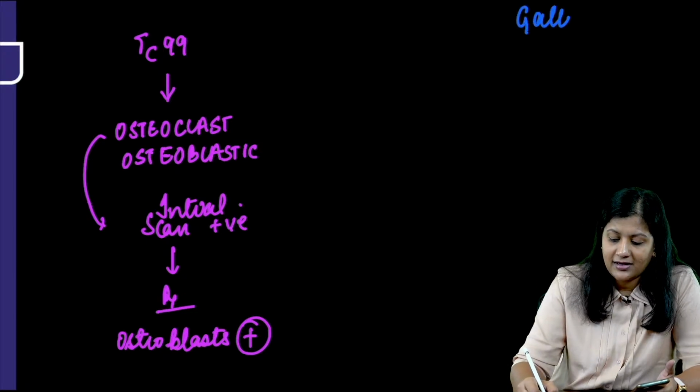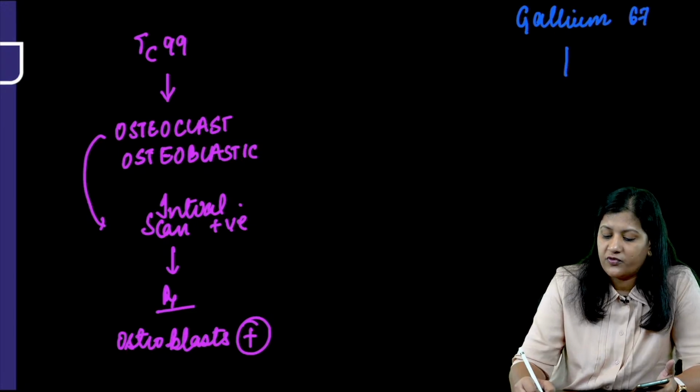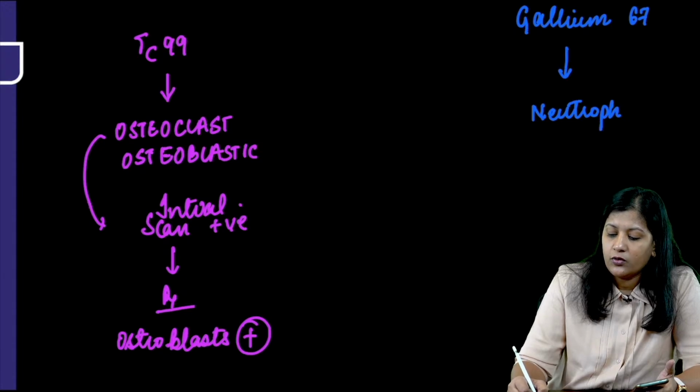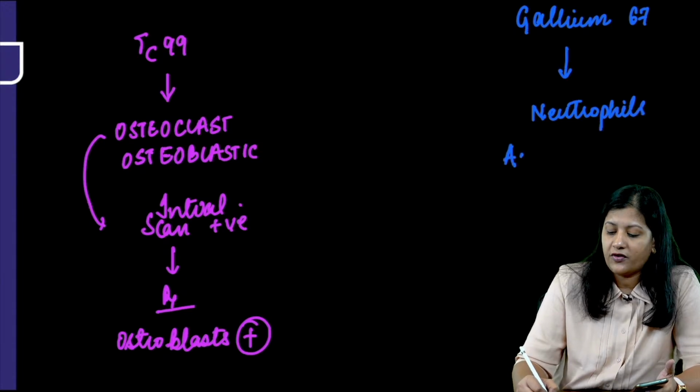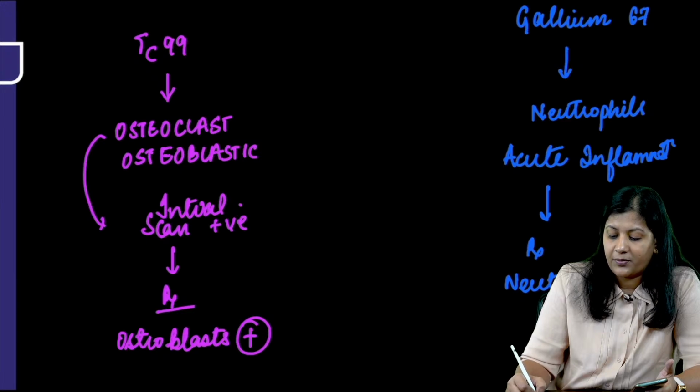The gallium-67 scan. Gallium is a radioisotope which is taken up only by neutrophils. And what are neutrophils? They are cells of acute inflammation. So initially the scan will be positive because of inflammation, but once you give treatment, neutrophils will disappear. And once the neutrophils disappear, the scan will become negative.